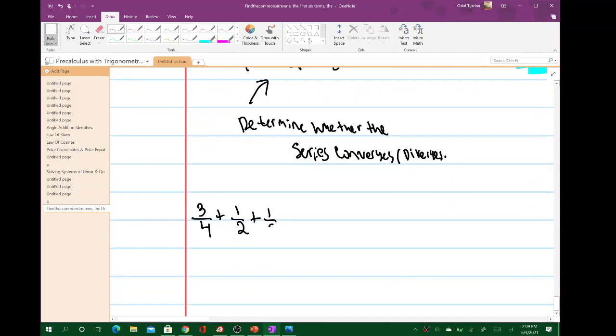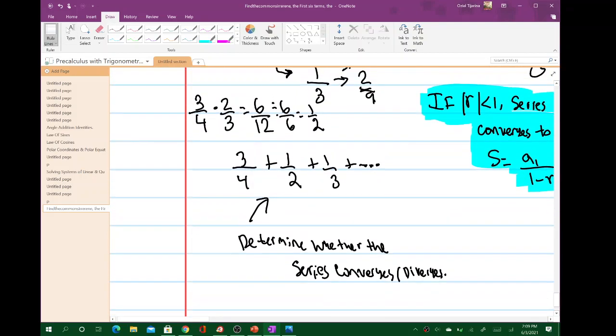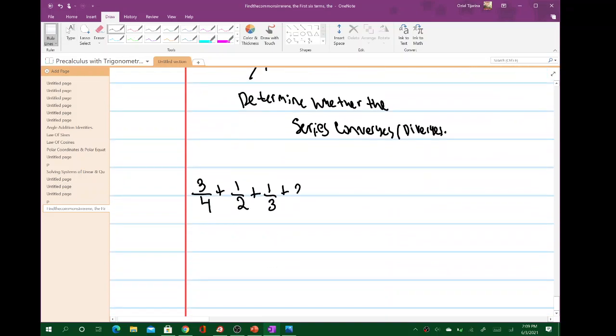Yes, plus 1/3 plus 2/9 plus, and so on. And I say find the sum of the series.